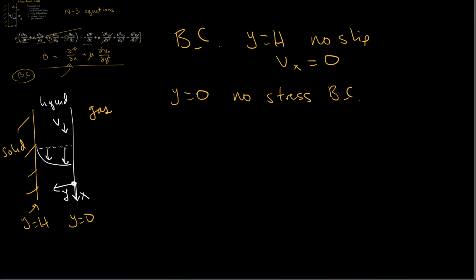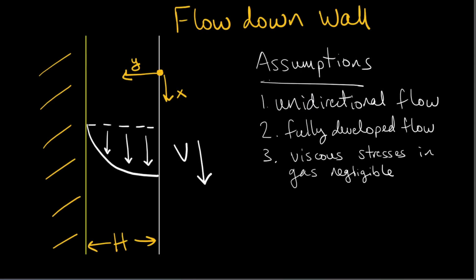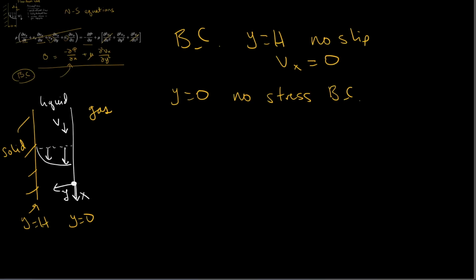This goes back to one of the assumptions we made. So I'm just going to jump back to this slide here. We assumed that the viscous stresses in the gas are negligible. That basically means that the gas over here is not applying any force or stress on the liquid as it's sliding down the solid surface, or at least the viscous stress the gas is providing is negligible compared to the viscous stresses within the fluid.